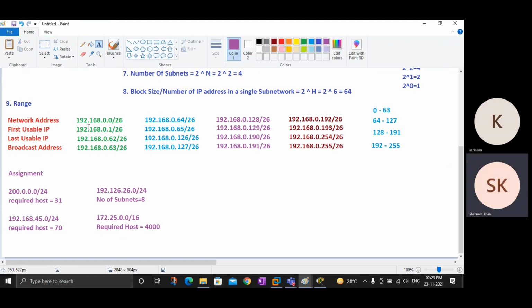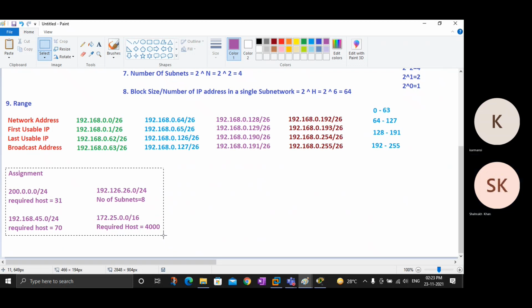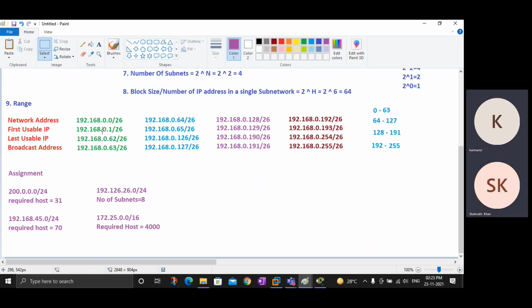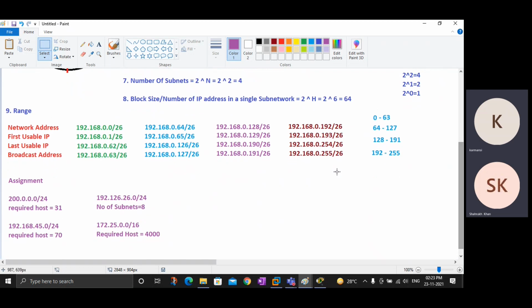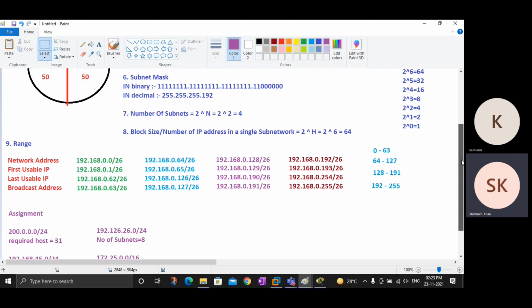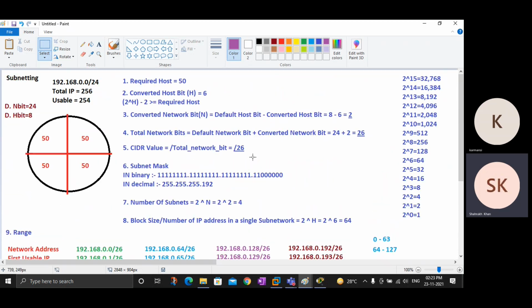So try to calculate these values for each IP address. That will be a total of 9 fours are 36 points, and in the range you need to write these 4 values. So I need to do only the range, those 4 values, no? The network address, yeah, if you can directly calculate that, or you can just put the range, because if we have the range, we can know all the rest.